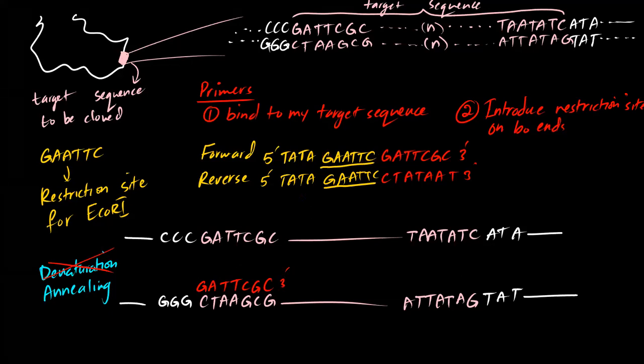So the sequence of this primer from here to here is complementary to the target sequence from here to here. The sequence of the primer from here to here is not complementary to any sequence on the DNA. So the primer will bind something like this. This part will not bind. It will be something like this. Okay?